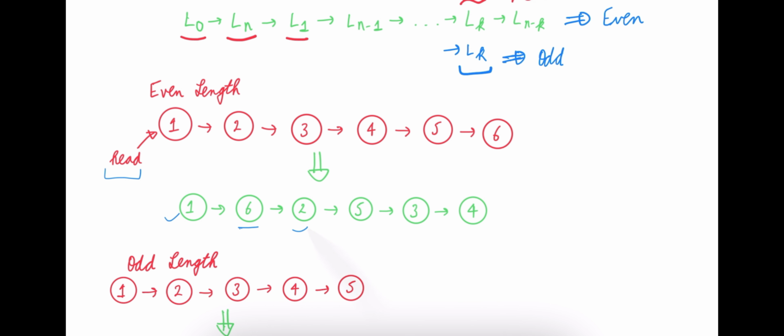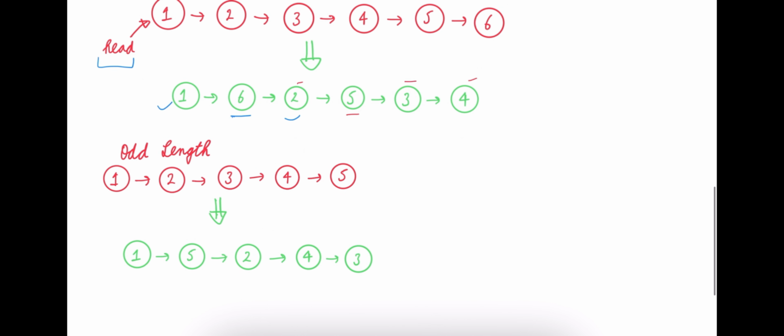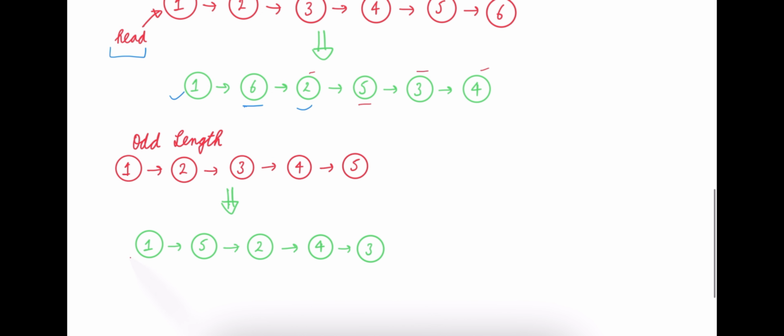The node 5 is going to be in between node 2 and node 3, and at the end node 4 will remain as it is. For linked list of odd length, we are given this linked list with length 5, and the output is going to be this linked list. So let's try to understand what's going on here.